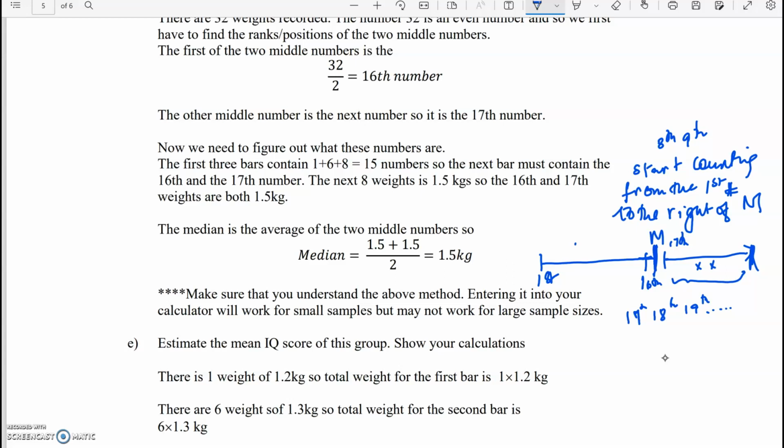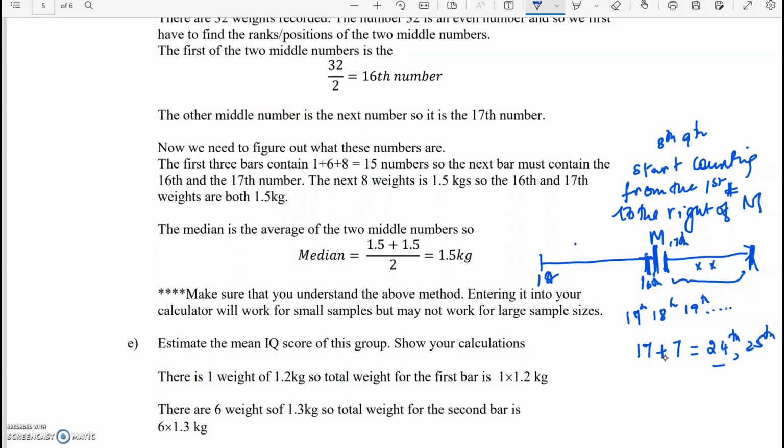If the median is the average of the 16th and 17th numbers, then to 17 we add 7 to find the 8th number when we count from the 17th onward. That would be the 24th number, and the next one, the 25th number.